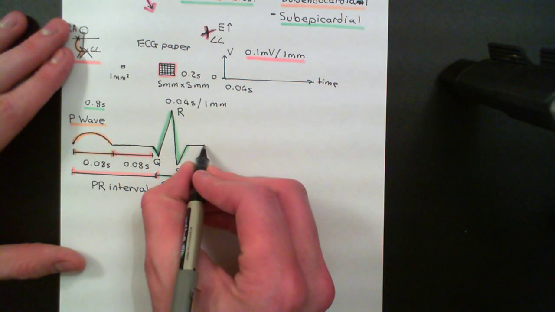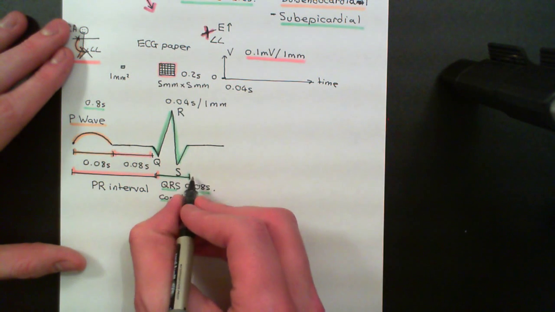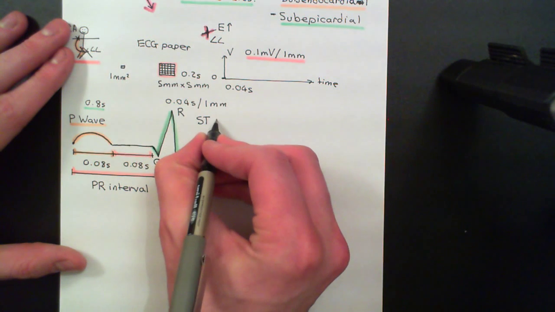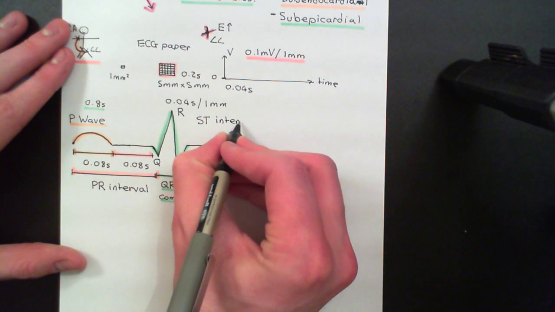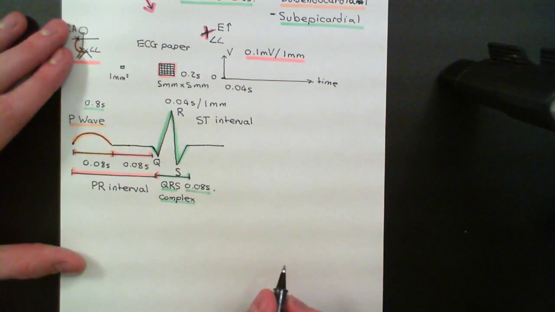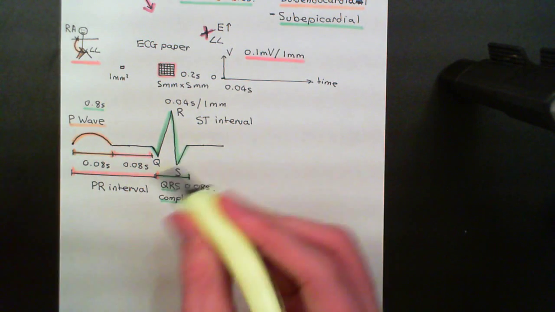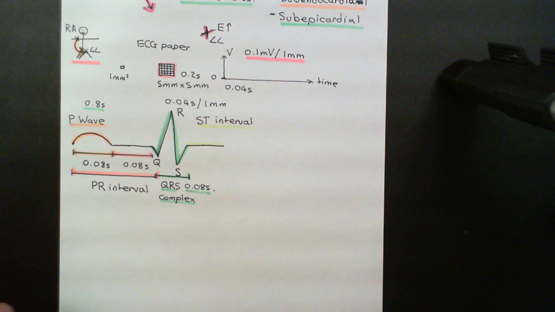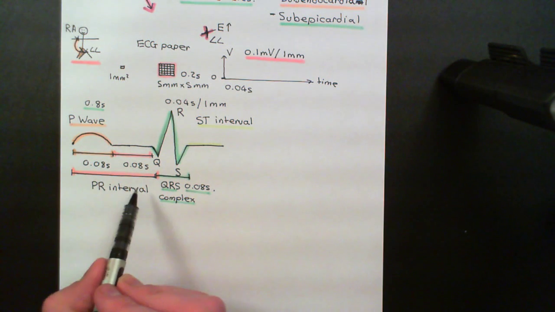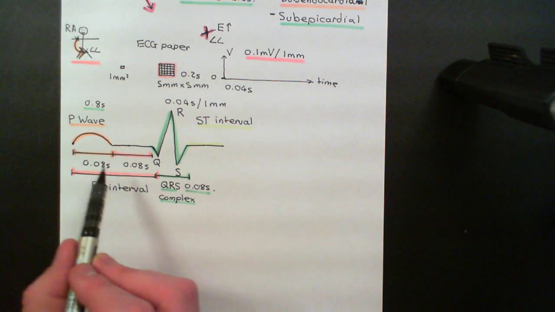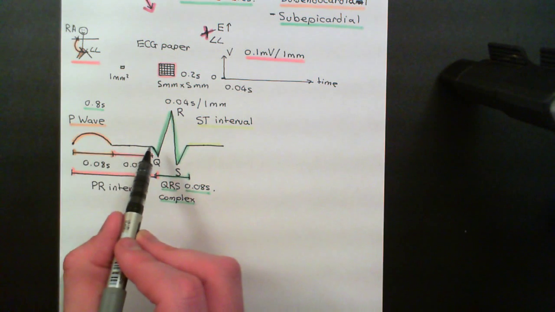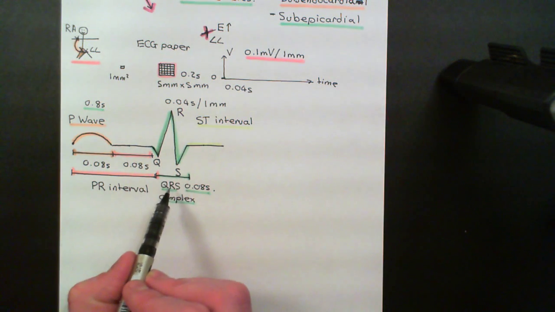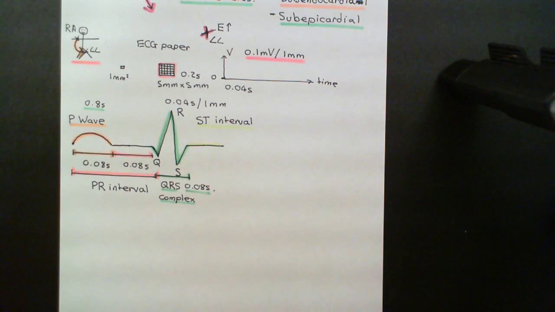Then we'll have another flat portion here, which is known as the ST interval. This is where there is no noticeable electrical potential difference between the right arm and left leg. I'll colour in the ST interval in yellow. Oh, and by the way, the reason the PR interval is called the PR interval is that it's the time from the P wave to the beginning of the QRS complex, so the R is for the R wave in the middle of the QRS complex.